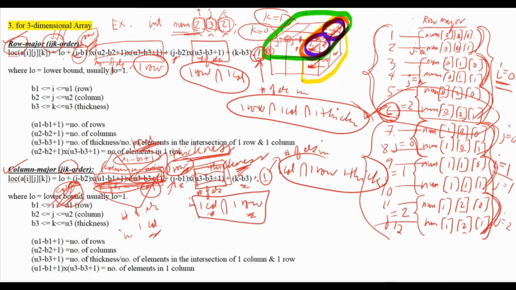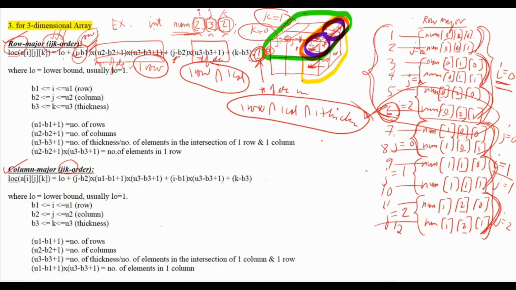And this is the intersection of one column, one row, and one thickness, which is the same as that, equal to 1. Okay? So I hope the two addressing function formulas are clear to you.